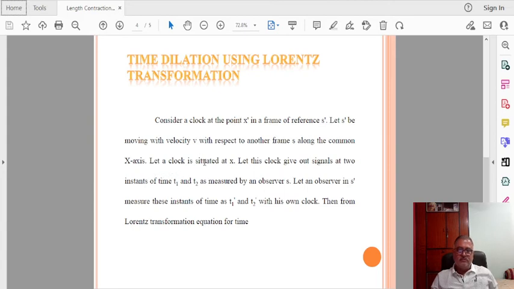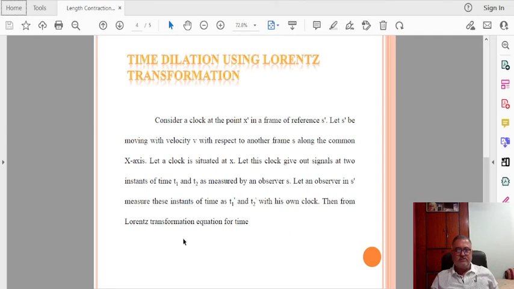Let a clock be situated at x prime. Let this clock give out signals at two instants of time, t1 and t2, as measured by an observer in S. Let an observer in S prime measure these instants as t1 prime and t2 prime with his own clock.